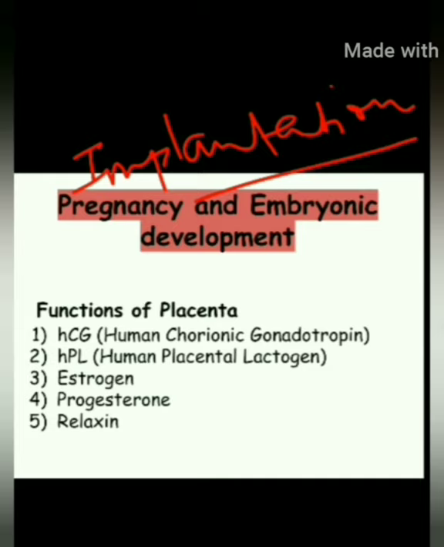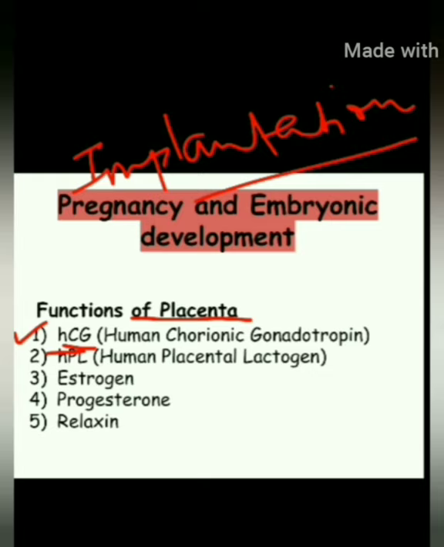After the implantation, as I told you, the placenta gets formed. So first of all, we should know the roles of the placenta, what functions are played by it. First of all, the placenta releases the human chorionic gonadotropin hormone. It ensures the pregnancy.